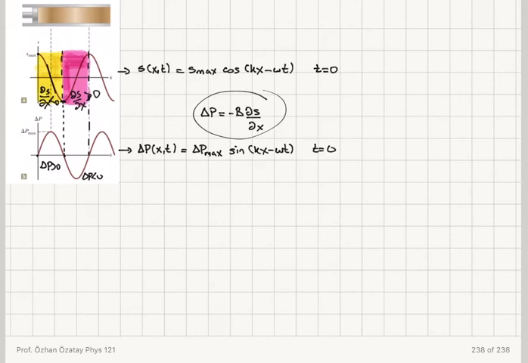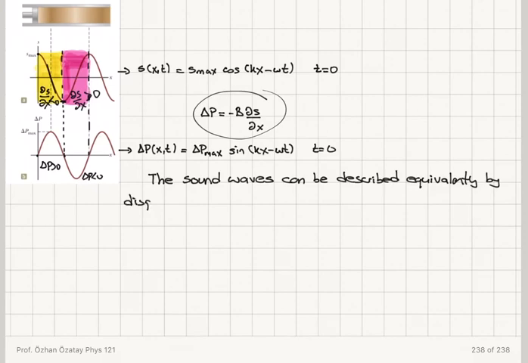The sound wave can be described equivalently by displacement or pressure. Alright, so sound waves can be described equivalently by displacement or pressure.